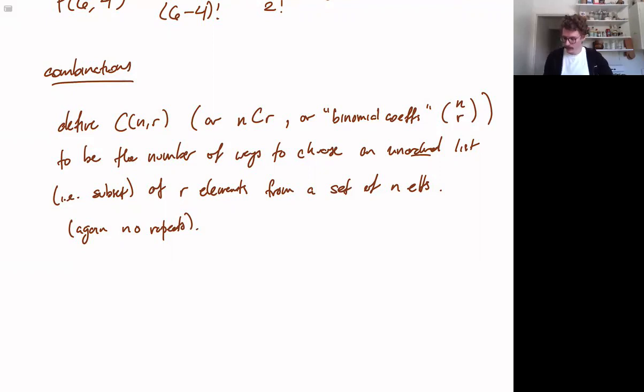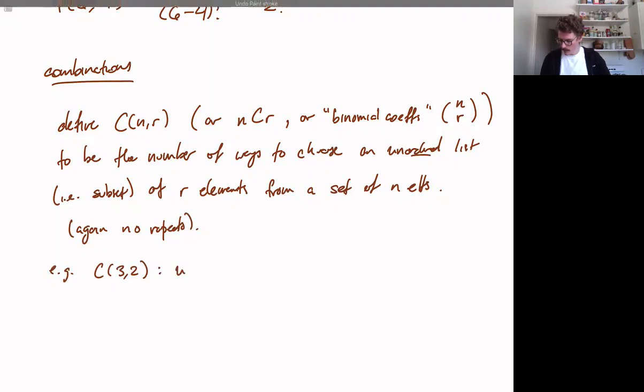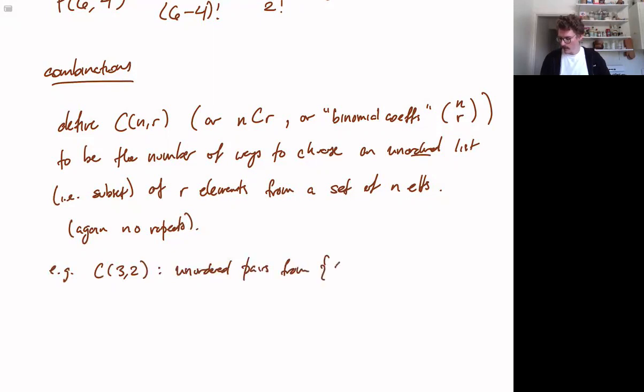So, for example, C(3,2): unordered pairs, unordered, of elements from a three element set like this.